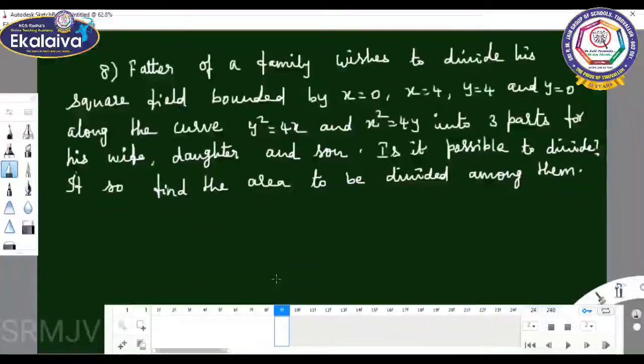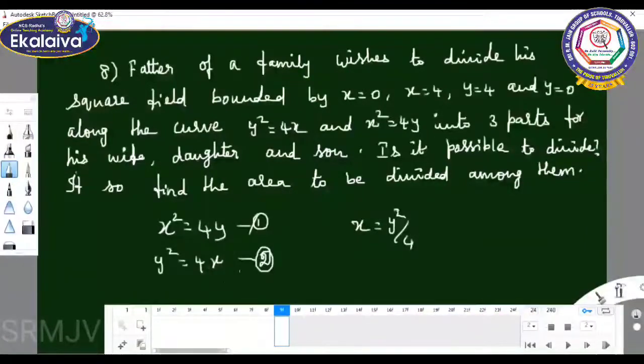So the father has decided to divide the area among wife, daughter, and son. It is also a square field, but the curves are given like this. See, x square equal to 4y and y square equal to 4x. First we should find out the intersecting point. This is equation 1 and this is equation 2. From equation 2, x equal to y square by 4.